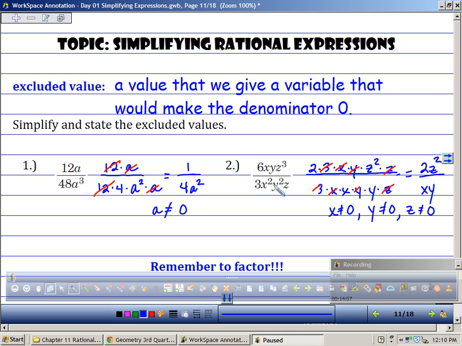Because originally it would have made the whole numerator 0, right? I know we ended up here, but when we started, if z was 0, wouldn't this whole thing not even work? Because it would make the whole thing undefined. You have to go back to the original expression, not an equation, and say what my excluded values would be before I even start factoring.